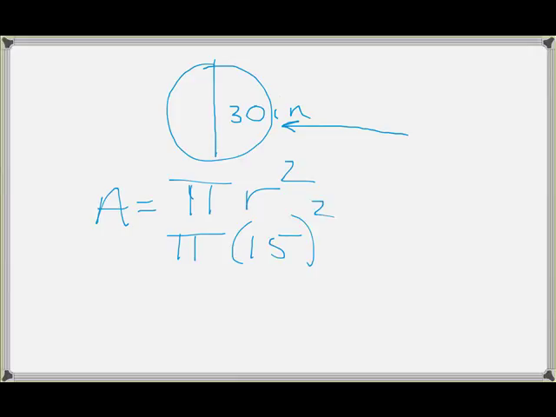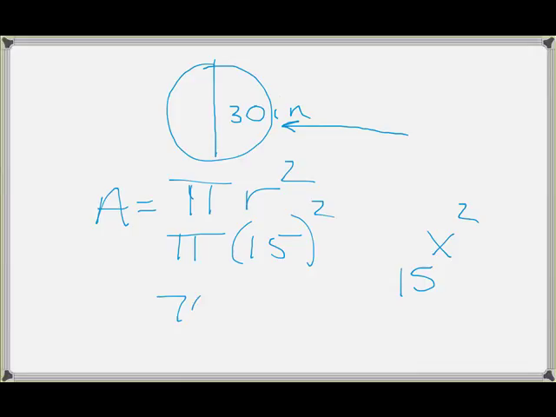So you're going to take your calculator and either use the square button, which is on your calculator. On the calculator that we require, it looks like this. So you would punch in 15 and then that little button and enter, and then times 3.14.